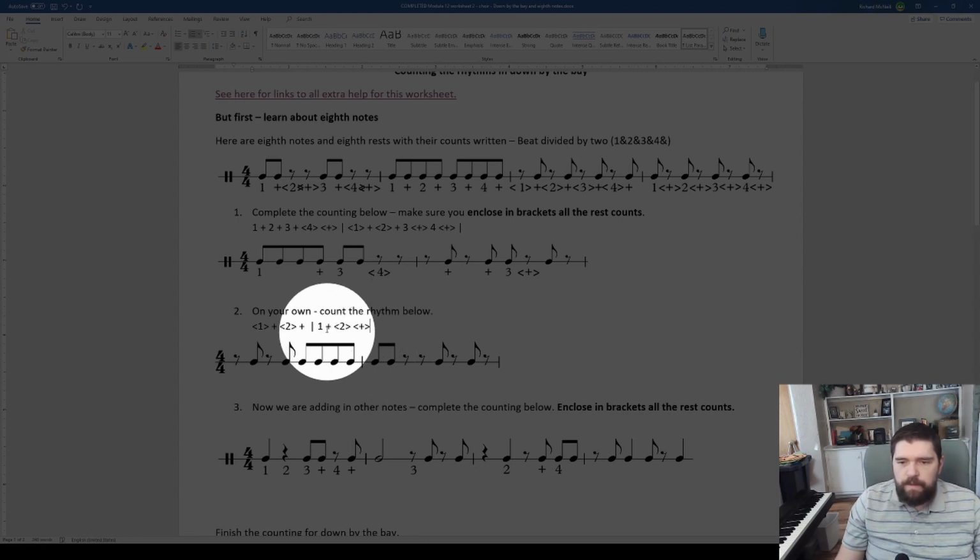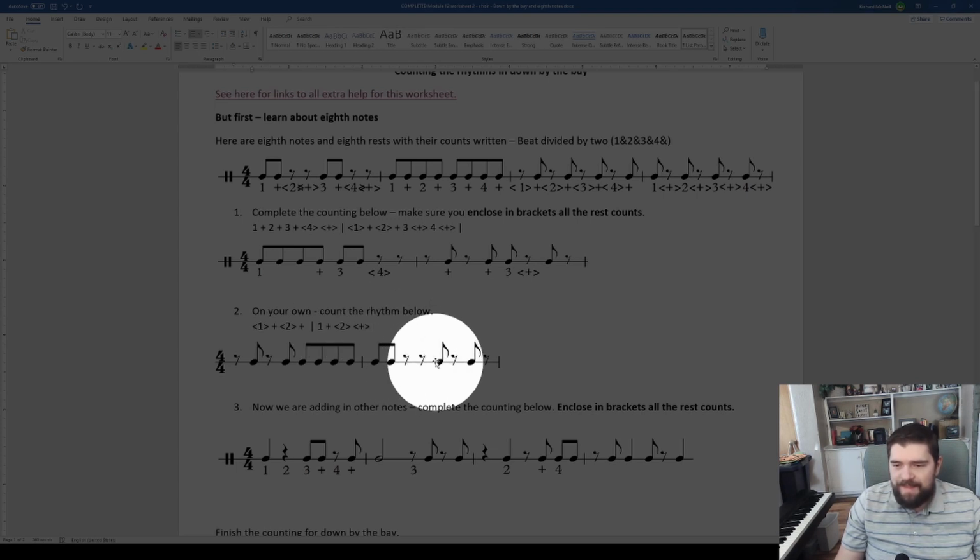There we go. 2 and then we have this. I will let you go ahead and figure it out. It is beat on the notes, ands on the rests. So the beat number is there, then the rest will be an and in brackets. Beat number there and in brackets for that rest.